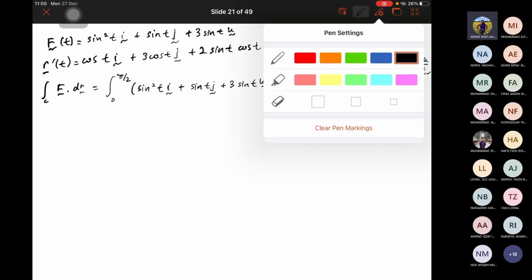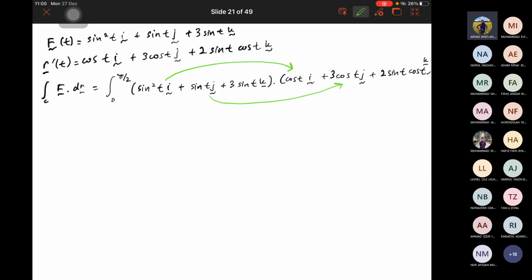Okay, so i darab i, j darab j, and k darab k, the dot product. So equal to integration from 0 to pi over 2, sin squared t cos t plus 3 cos t sin t plus 6 sin squared t cos t dt.